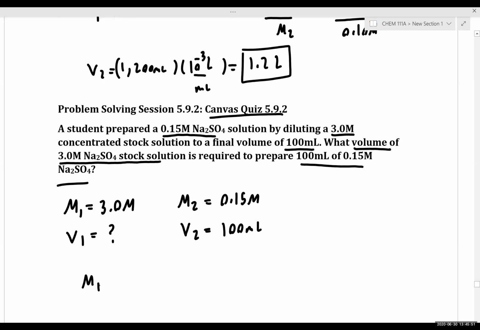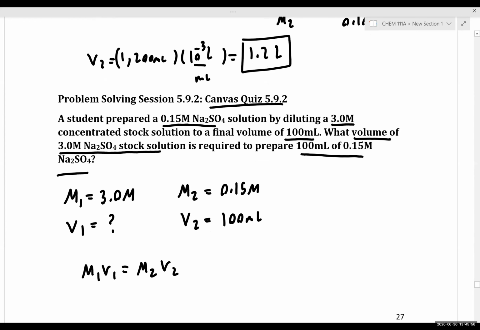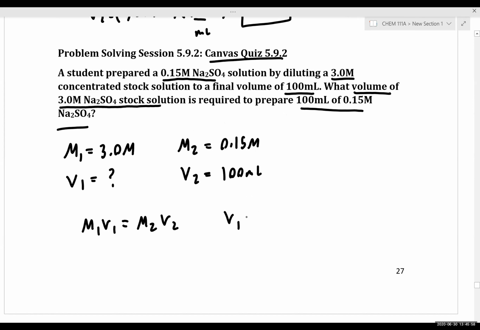Looking at M1V1 equals M2V2, we solve for V1 and we get M2V2 over M1, which gives us 0.15 molar times 100 milliliters over 3.0 molar.